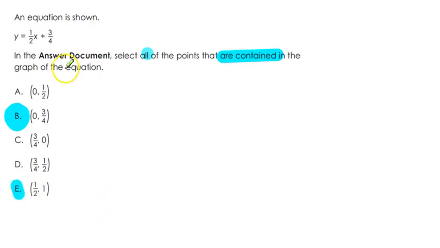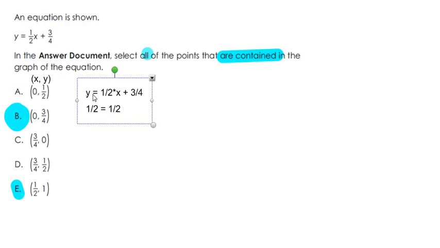There are other ways of doing this as well. You could very simply substitute your values, because every point is x first and then y. So instead of y equals half times x plus 3/4, you could go at it from the perspective of, okay, if you're doing a, y becomes half. And we have half times x.